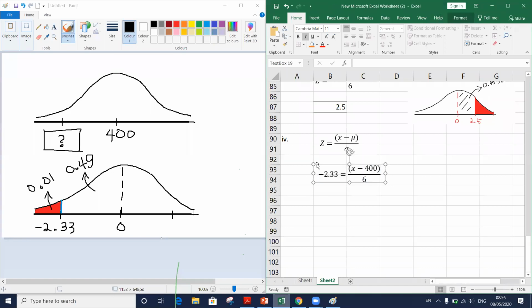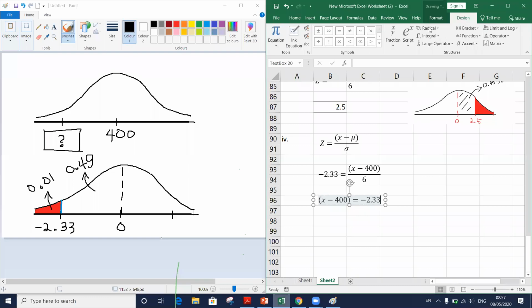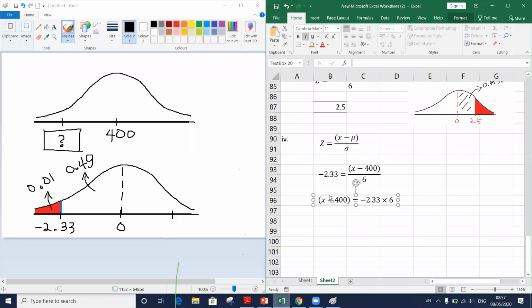What should be the X value then? X value should be equal to what? Step by step, the 400 has to go to the other side.